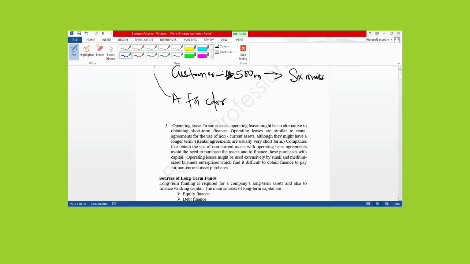So we have explained short-term finance sources. Don't forget, it's your responsibility to advise the company on the appropriate finance to use.